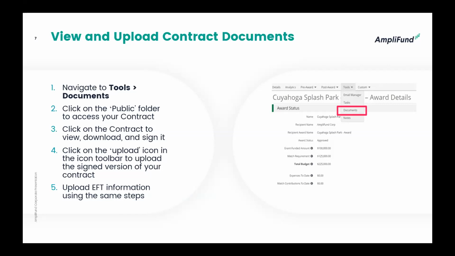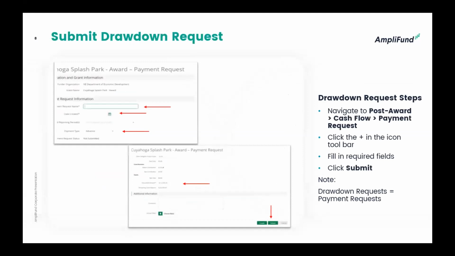In addition to uploading those crucial documents, the other thing that you'll be accomplishing through Amplifund is the submission of a drawdown request, that initial drawdown that you'll be receiving. The submission for this is going to take place within the system. We'll show you how to navigate there, how to fill out some basic information, the amount that you're requesting, and how to submit that information to your program rep at DED.